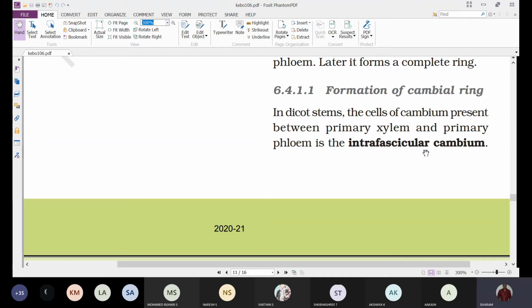This thin layer of cambium present between xylem and phloem we call intravascular cambium. Here the fascicle means vascular bundle, intra means within the vascular bundle, and cambium is the meristematic tissue. So the cambial tissue present between the xylem and phloem within the vascular bundle, we call it intravascular cambium.